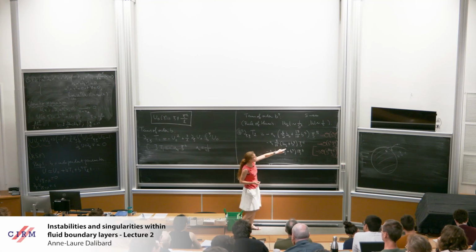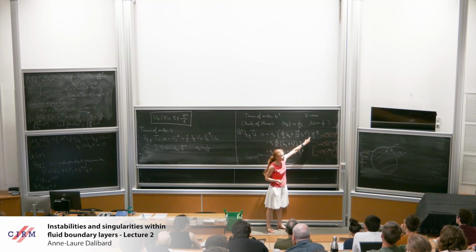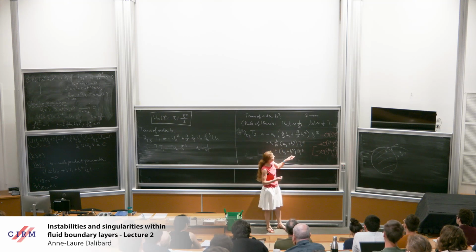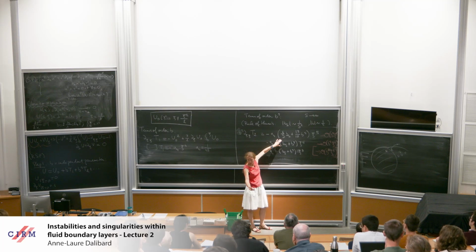Which is a bigger growth than if I'm keeping these ones. These ones have a bigger growth than these ones. So if I need to choose between these two terms, I will try to cancel out this one because it's the one that gives the strongest growth, okay?